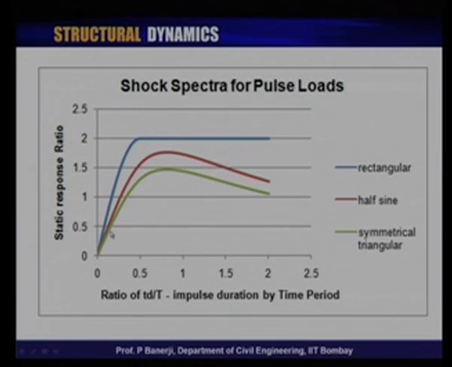So, that is why, if you have a very large duration, I mean Td by t greater than 1, this has the highest value. Half sine goes up, you see, the sine goes up faster than the triangle, so that is why this is larger. The triangle goes up the slowest, so it is the lowest.